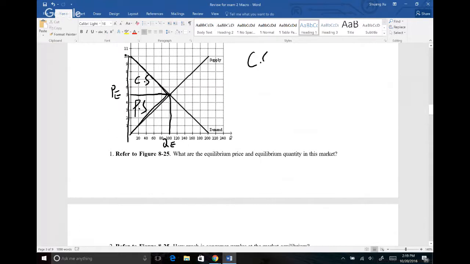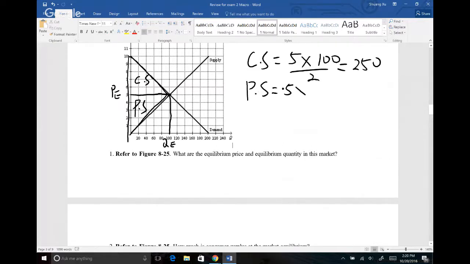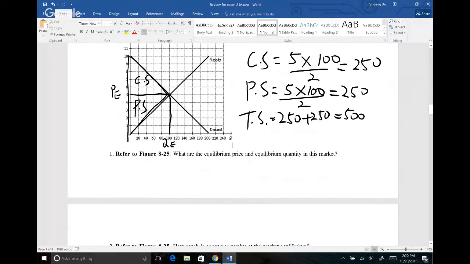For consumer surplus, it's going to be the vertical distance from 5 to 10, that's a 5, times the horizontal distance of 100, divided by 2. This would be 250. For the producer surplus, the vertical distance is 5, horizontal distance 100, divided by 2. This is also 250. And last one, your total surplus: 250 plus 250 will be 500. That is your total surplus.